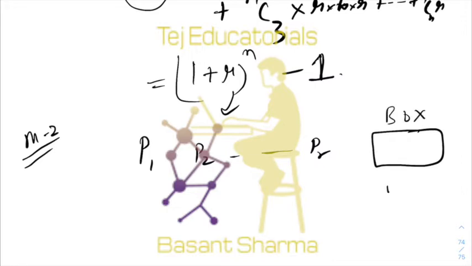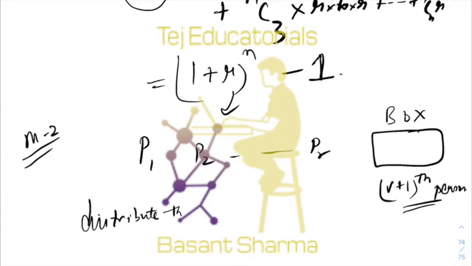Let's assume that this is the (r plus 1)th person. Now distribute the n objects amongst these r plus 1 persons.